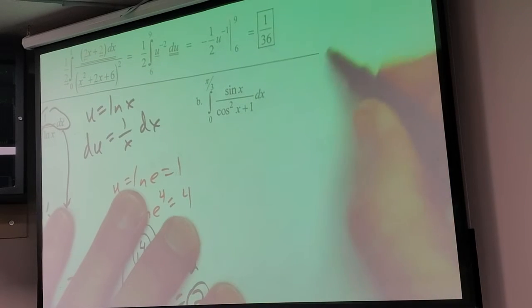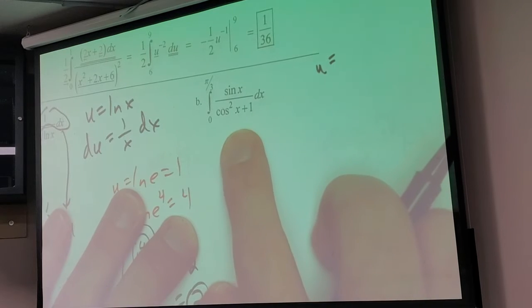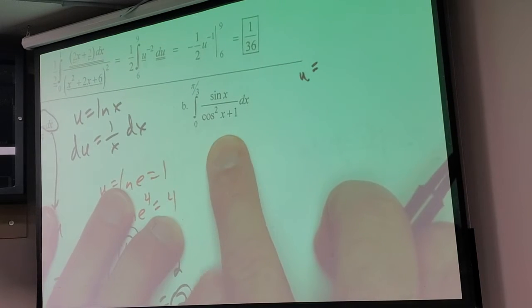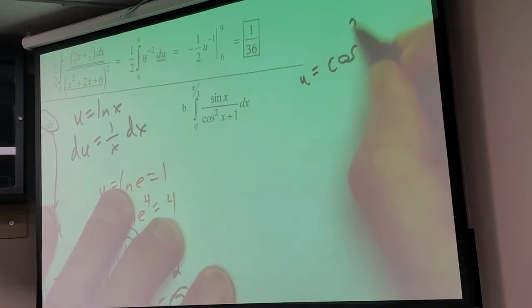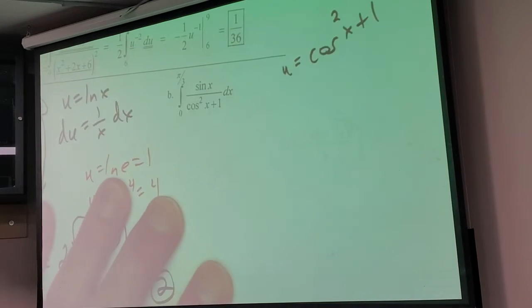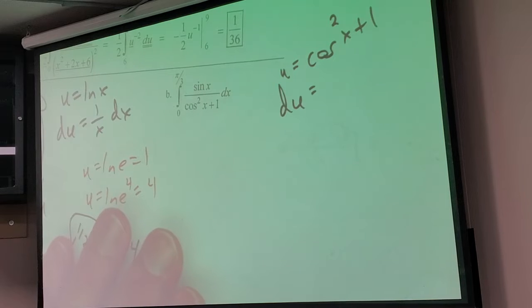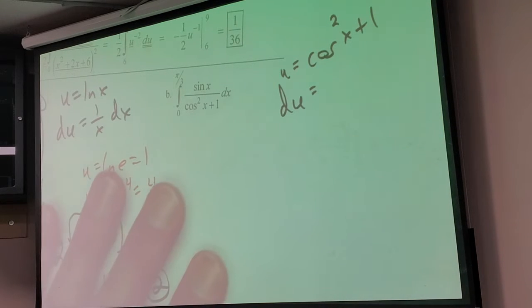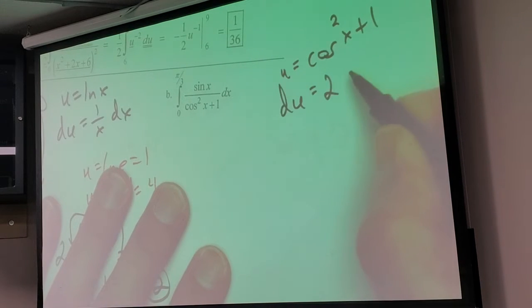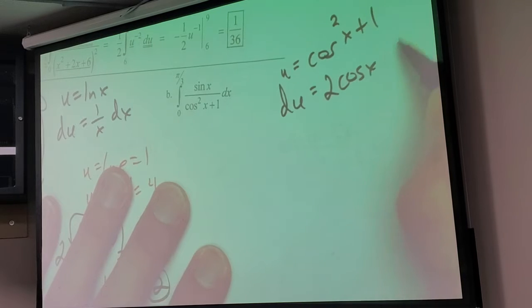If you let u equal cosine squared x plus 1, right? That seems to be a good place to start, yes? What's du? 2? Well, 2 cosine x sine x.